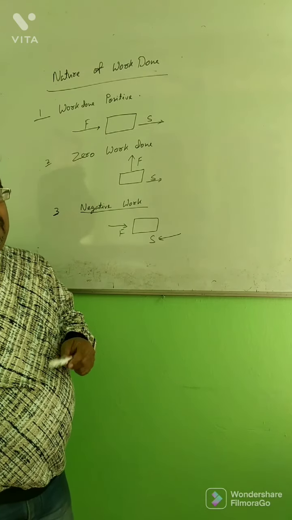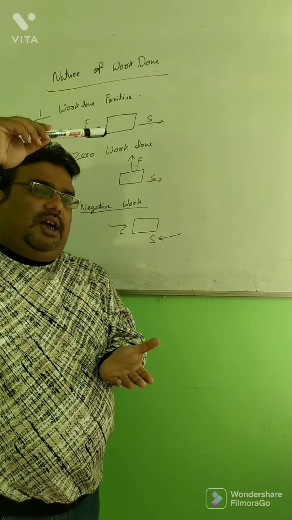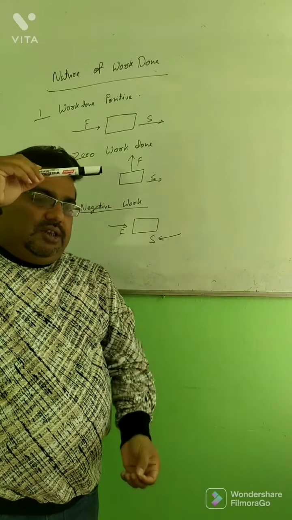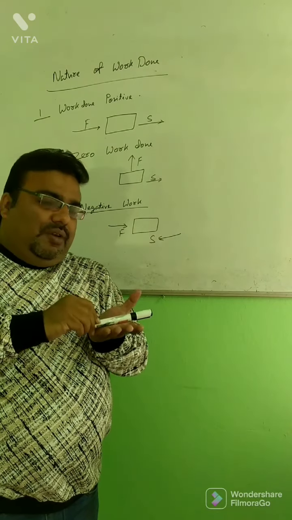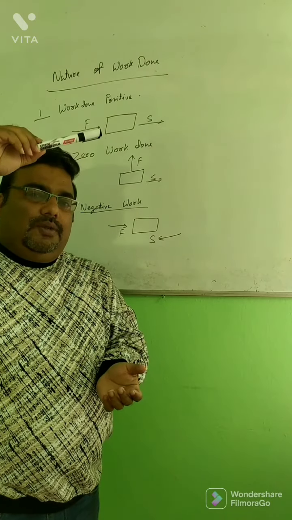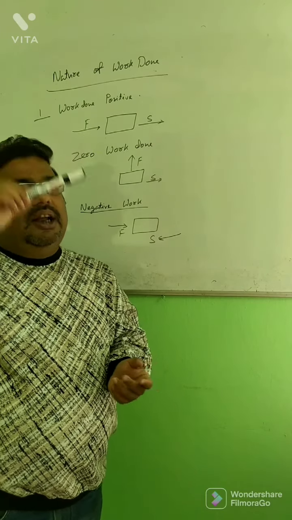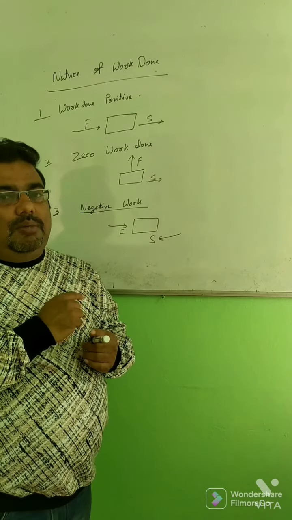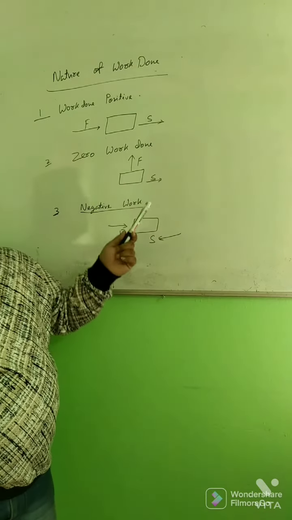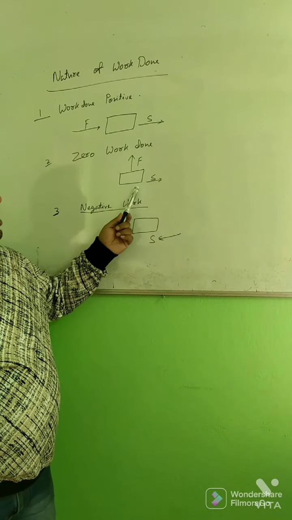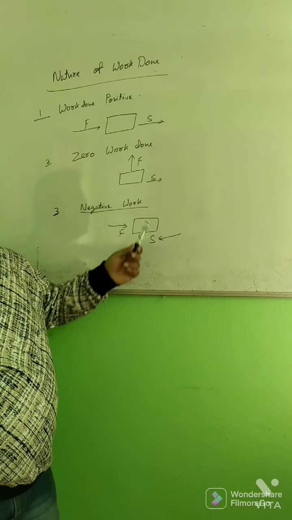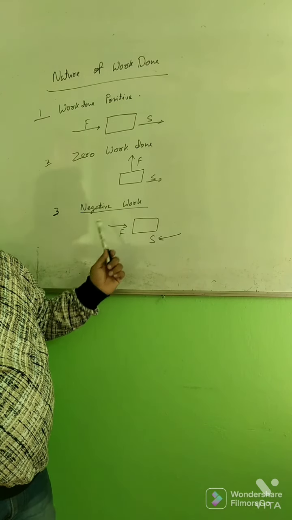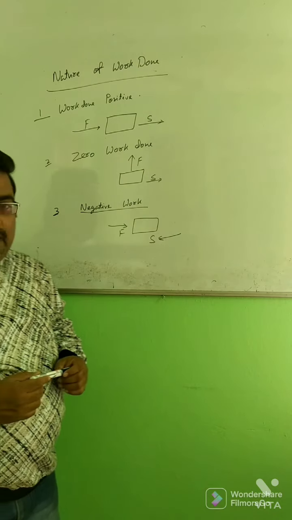For example, if I lift it to a certain height, the force of gravity is acting on this body in this direction, but the body is moving in the opposite direction to the gravitational force, so the work done by gravity is negative. So when the direction of force and direction of motion is the same, work done is positive. When they are perpendicular, work done is zero. And when they are opposite to each other, work done is negative. So that is about work.